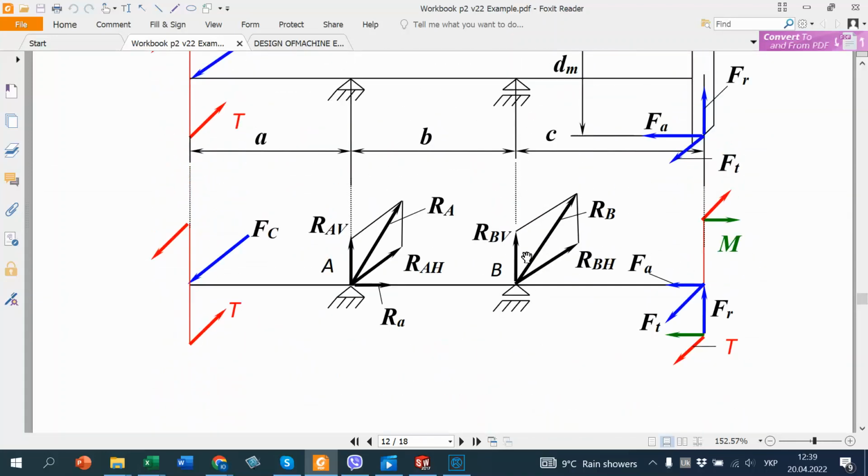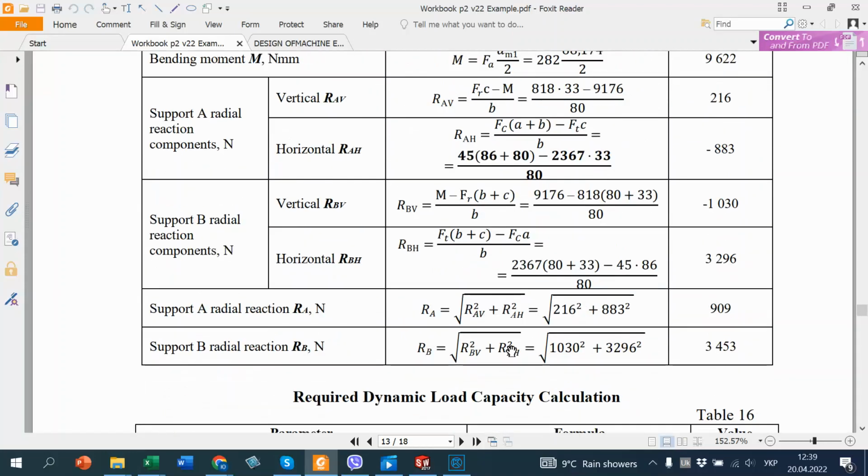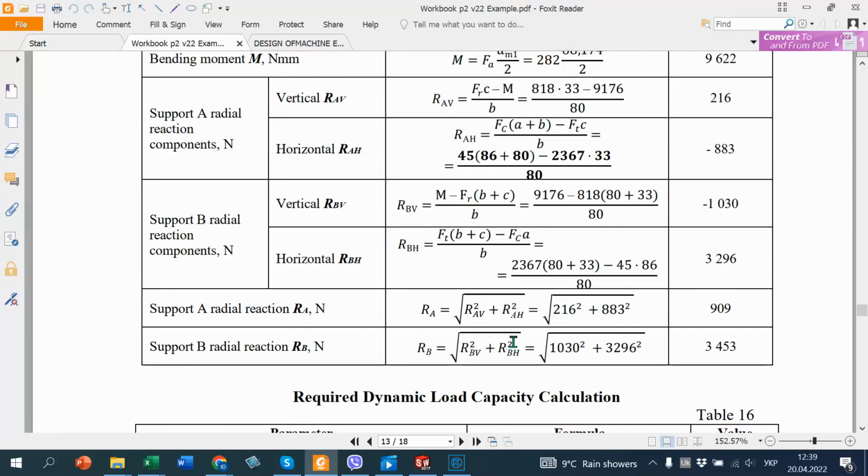If this reaction is negative, it means that it is directed down. And after you find reactions in point A and in point B, we can find the summary reaction.